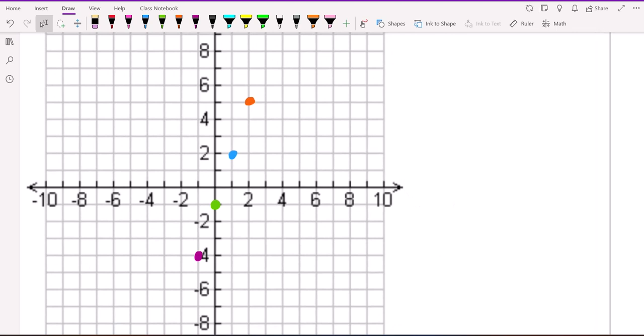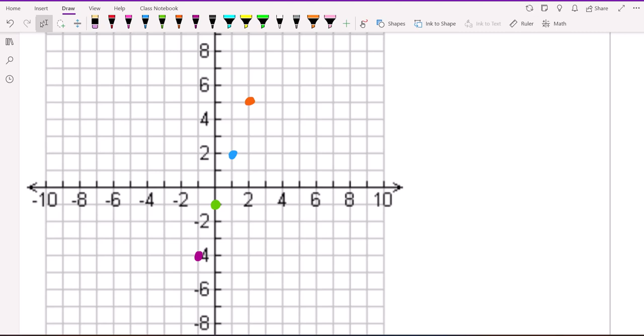I'm hoping your graph looks like that. All my color points are color coded there. They all fall on a straight line, so chances are you made no mistakes in your calculation.